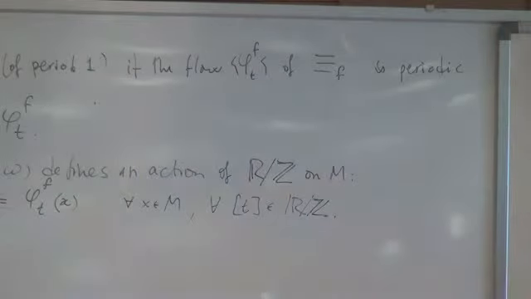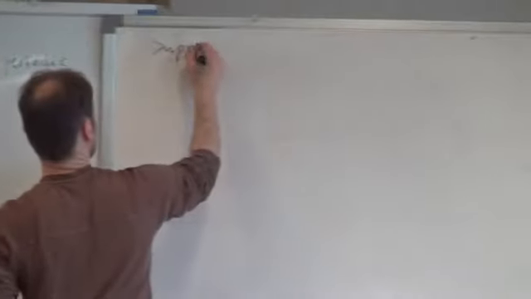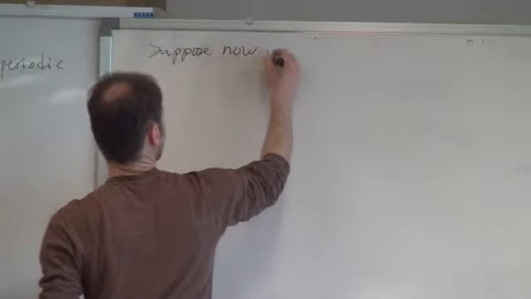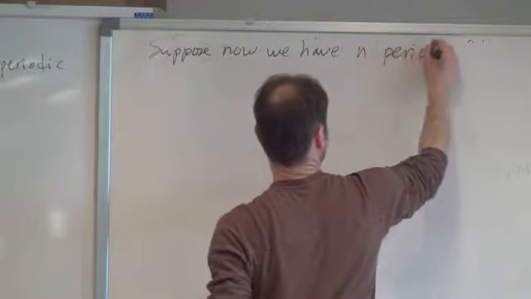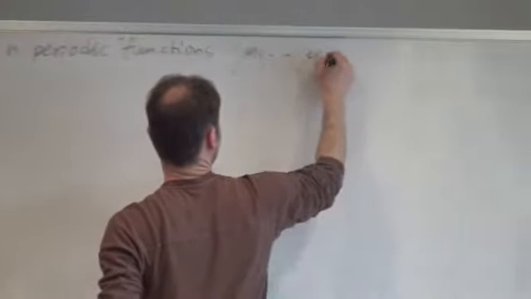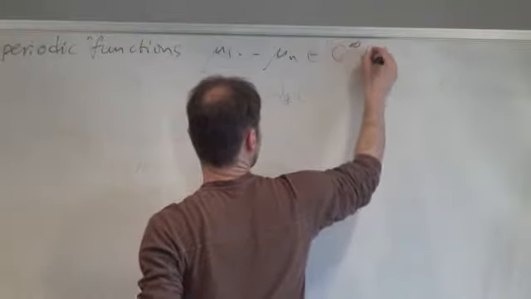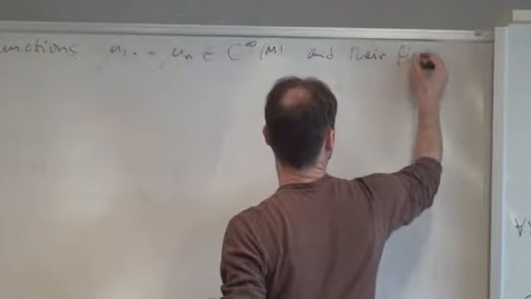I need to assume that the flows actually commute. Suppose we have n periodic functions, mu1 through mu(n), and their flows commute.